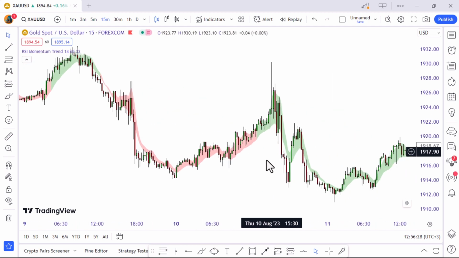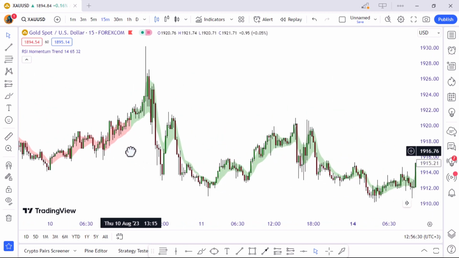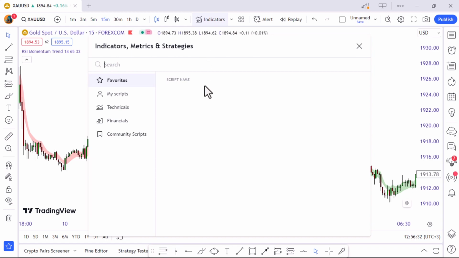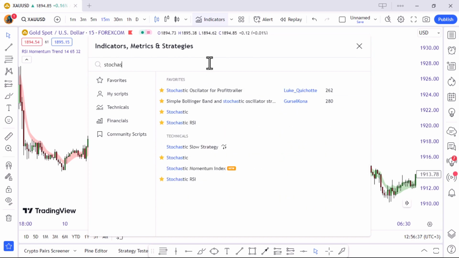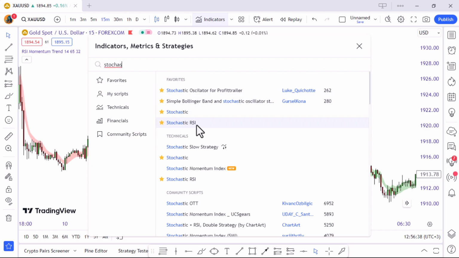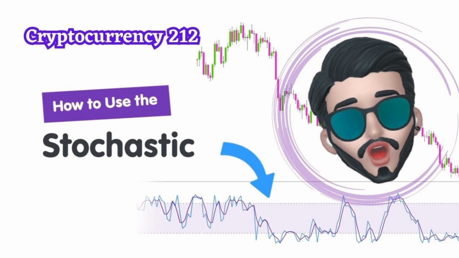Okay, here's a straightforward strategy I can use with this indicator. Let's add another indicator to the mix. Hit up the Indicators tab again and look for the Stochastic RSI under the Technical section. Another quick pause here. If you don't know all about that, don't worry, I've got you covered. Previously I made a dedicated session and video about it, you can see the link both above here and down in the description.